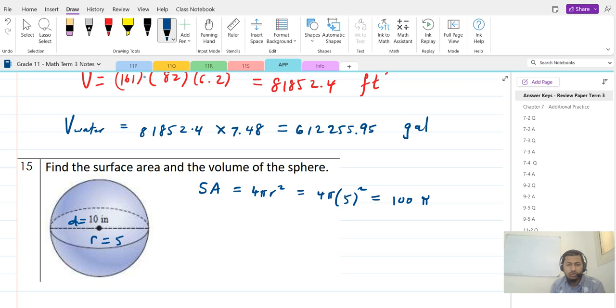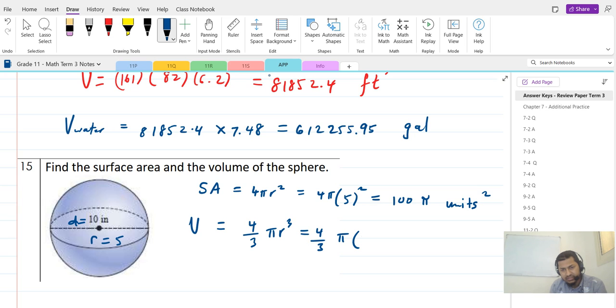But you need to know how to convert from pi to decimals using the calculator. Sorry, this is area, so it's square units. Now volume of a sphere is 4 over 3 pi r cubed. So you got 4 over 3 pi.